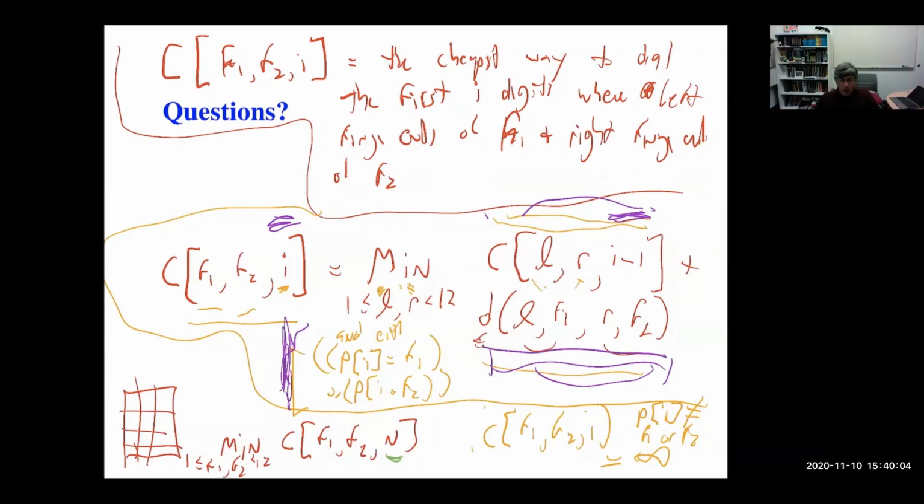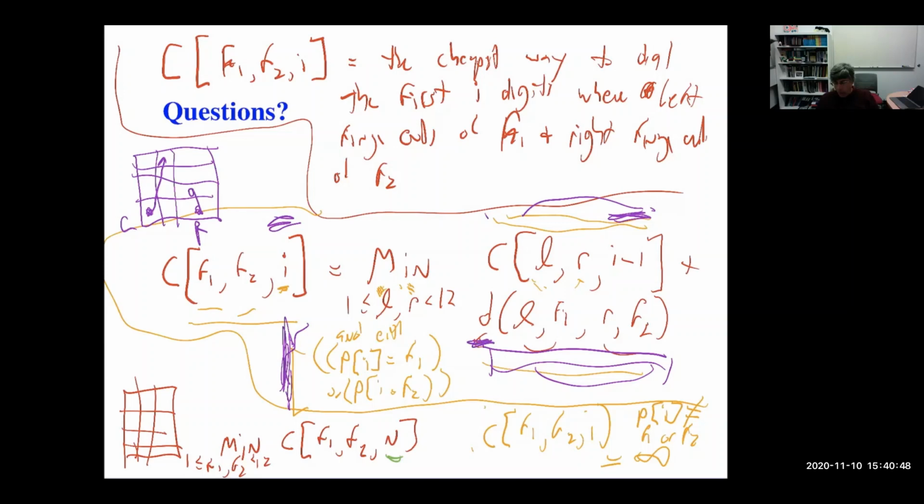Okay, what is this distance D1, D2? Here, what do I want this to be? I've been a little bit sloppy about exactly what the cost of this thing is. Suppose I am moving my fingers in parallel. This is going to go to here, and this is going to go to here. So this was my left, this was my right. What should the cost be of the time taken to move my fingers like that?